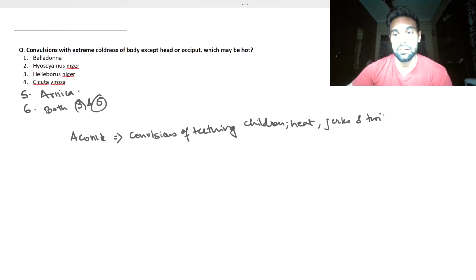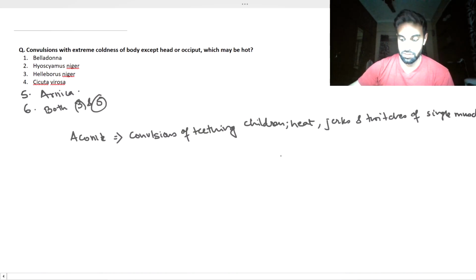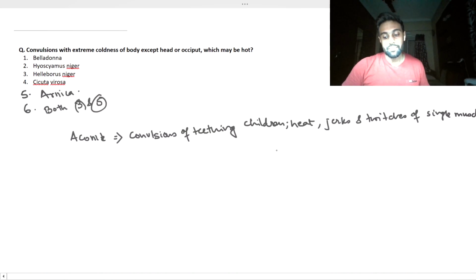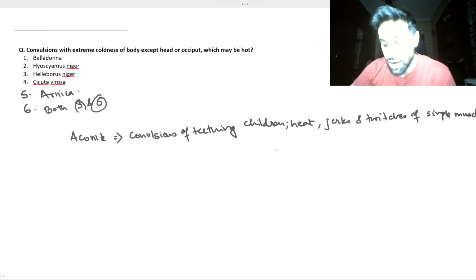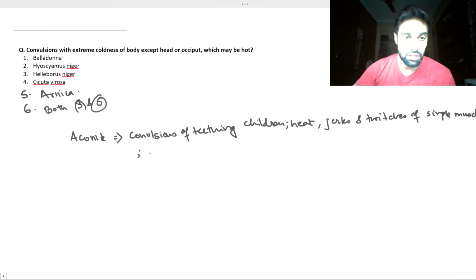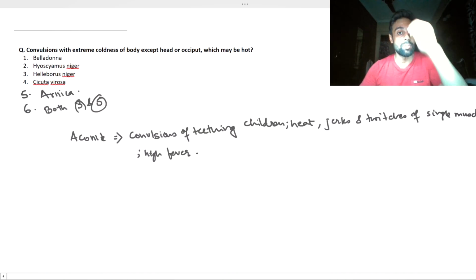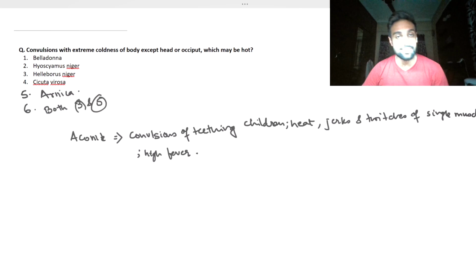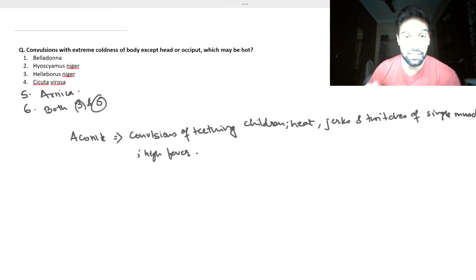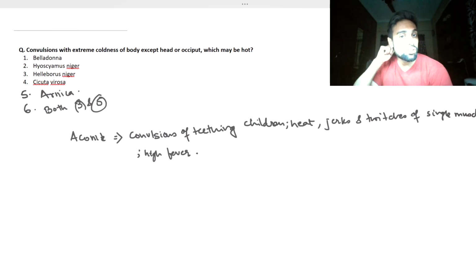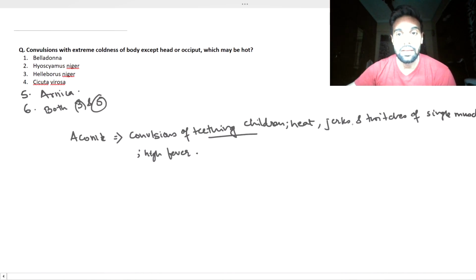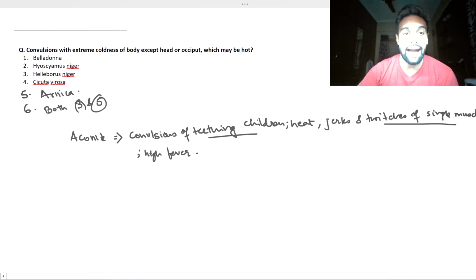Child gnaws its fist, frets and screams, skin hot and dry, high fever. I hope you have your Allen's keynotes opened in front of you, so that you can relate these symptoms, because I'm not gonna write each and every word and line of the symptoms of convulsions. So in aconite, basically the convulsions of teething children, heat, jerks and twitches of single muscles, and high fever.